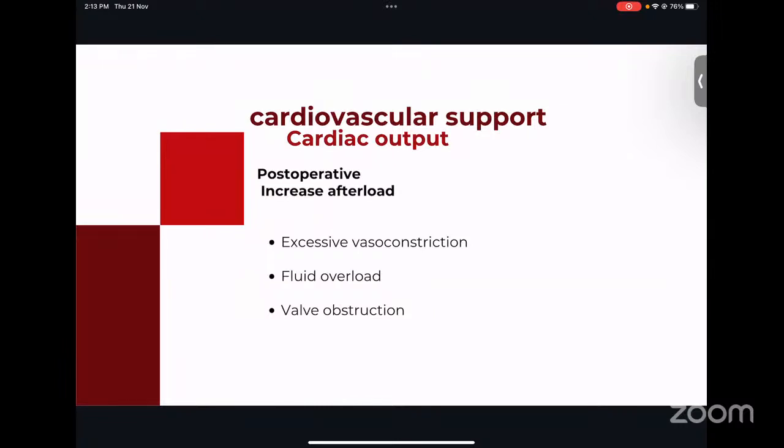Increased afterload occurs in cases of excessive vasoconstriction, such as hypothermia, in a case of fluid overload, or in a case of valve obstruction, such as mechanical leaflet blockage.